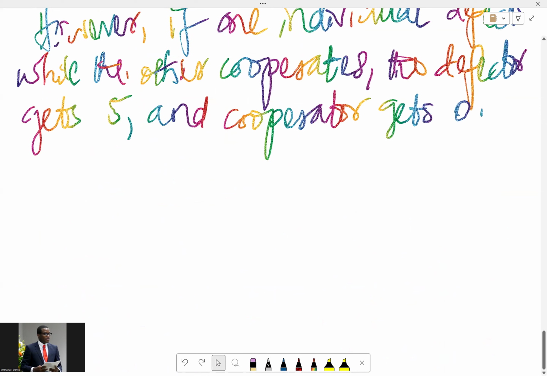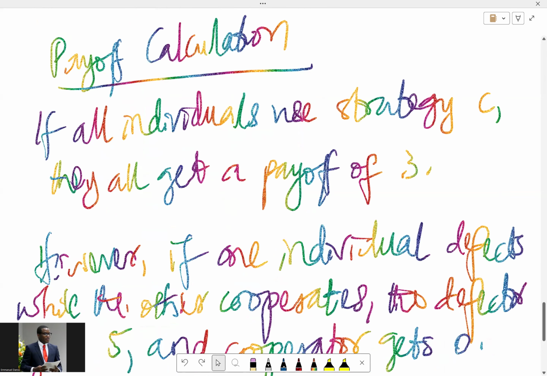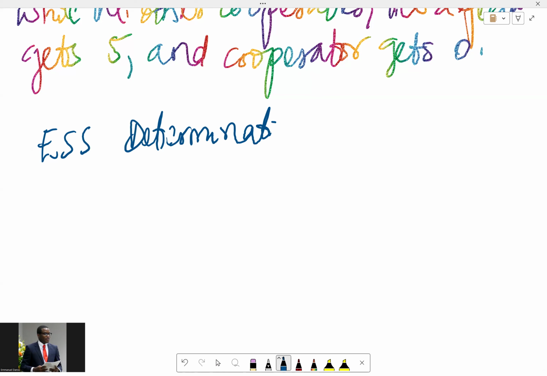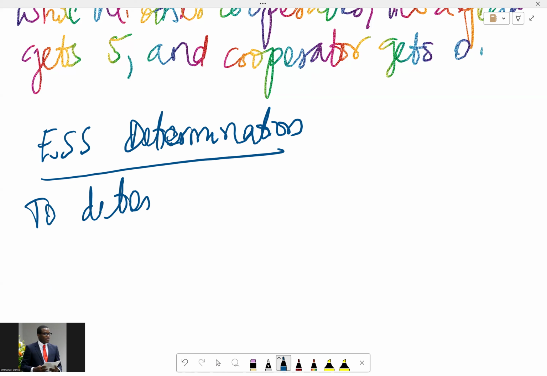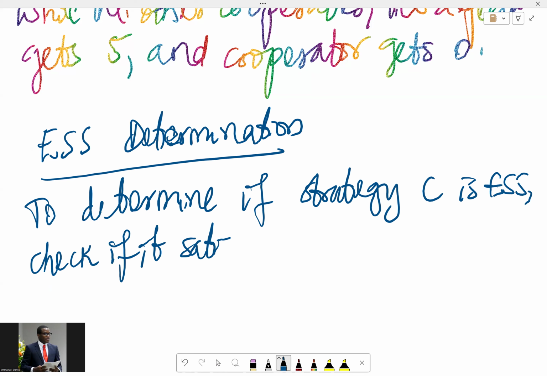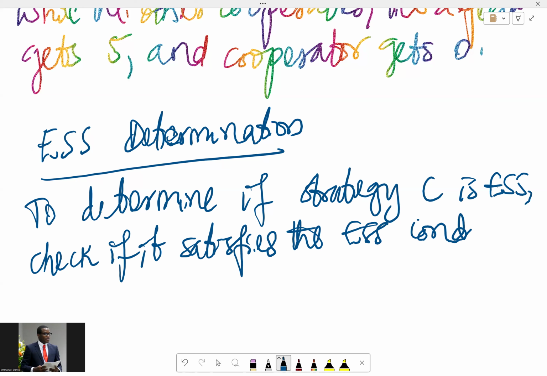But how do we determine the evolutionarily stable strategy in this case? Evolutionarily stable strategy determination from this scenario, what would that really be? To determine if strategy C is the evolutionarily stable strategy, we have to check if it satisfies the ESS condition.